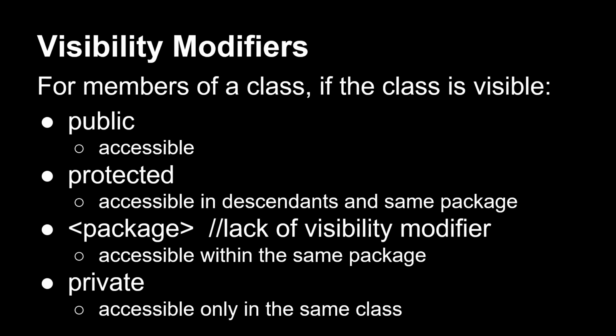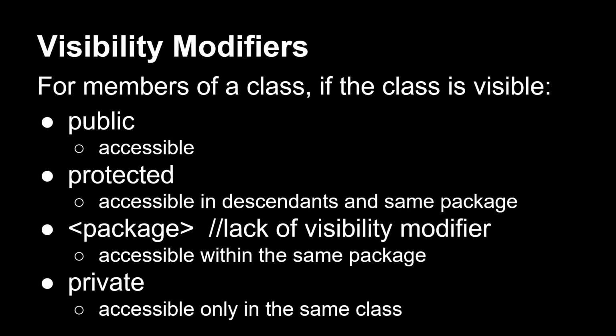There's others, but they're beyond where we're at. And so for the members of the class, you can specify any of these visibility modifiers, public, protected, or private. And if you don't specify one of those 3, then it's package visibility.